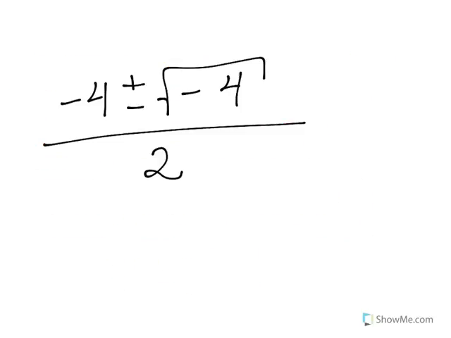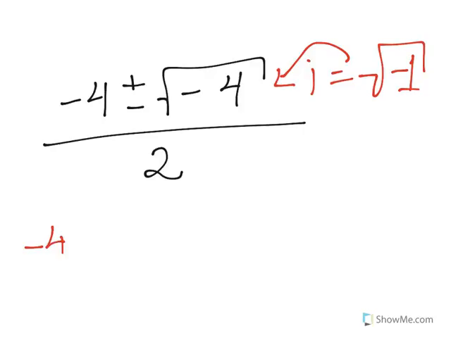So now, knowing that i is equal to the square root of negative 1, we could actually substitute that right here. So what we do is the following. We have negative 4 plus or minus, and here instead of having that, we can say the square root of negative 1 times the square root of 4.